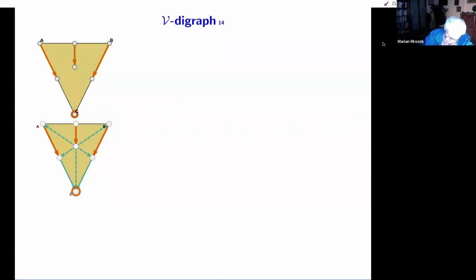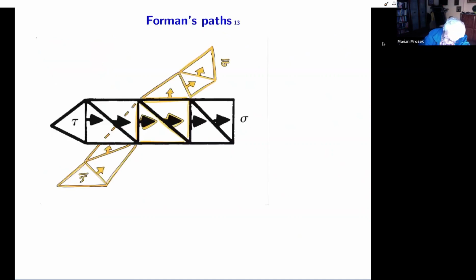But the point is that this is already like a directed graph, which tells me that I can go from here to here, from this edge to this triangle. But then it looks like I am stuck. But you can try to do, actually not with this example, but you can continue here, yes?